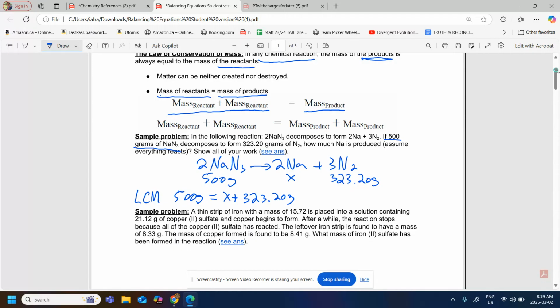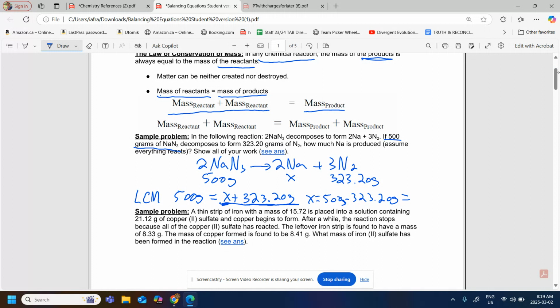So to find your X, you're just solving for X, right? You're taking away 323.20 from both sides. So X is equal to 500 minus 323.20. Those are all grams, so make sure you put your units. Basically, you're just trying to say what must X be so that when I add it to 323.20, it gives me 500.